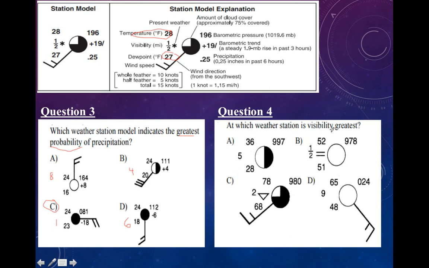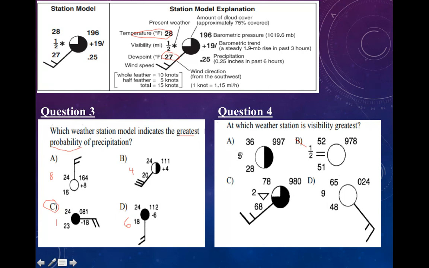Now, at which weather station is visibility the greatest? Again, visibility is that little number sandwiched in between temperature and precipitation. So this here, choice A, is a 5-mile visibility. That's greater than choice B, which is only a half mile, and you could tell because it has that symbol. There's something going on in the sky, so it's definitely not choice B. Right now, A is greater than B for visibility.